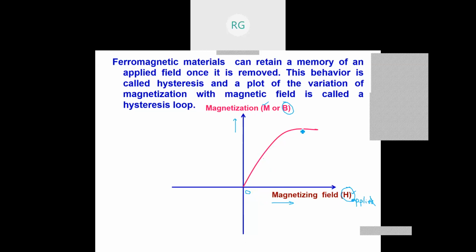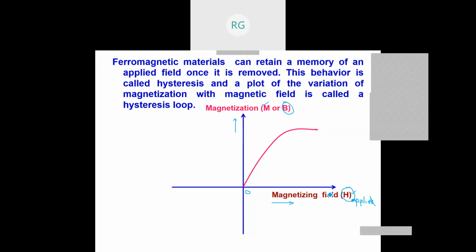After the maximum, all the domains in the ferromagnetic substance are aligned in the direction of the applied field. Even though you keep increasing the field, there are no domains that can be turned into the direction of H. Therefore, we have saturation. That means this is saturation.